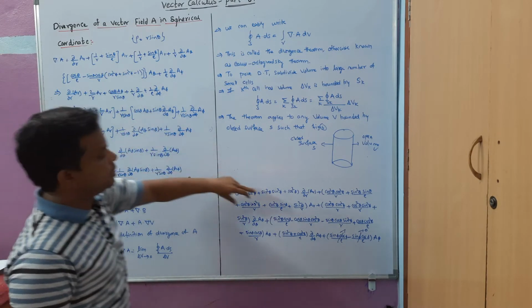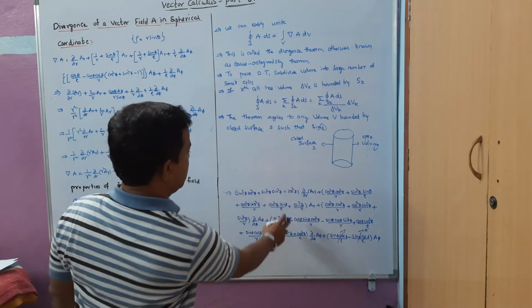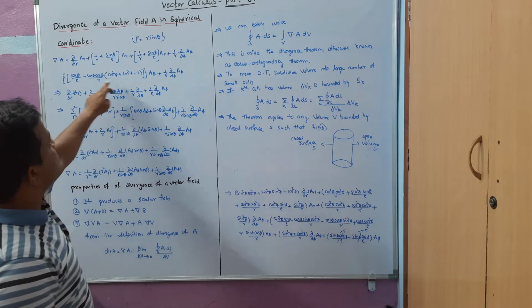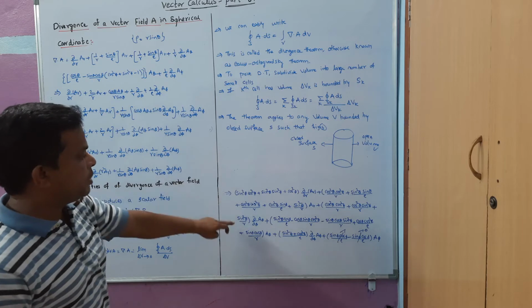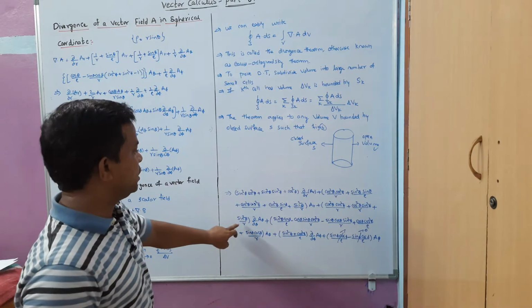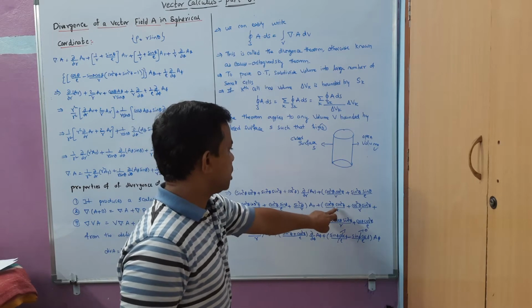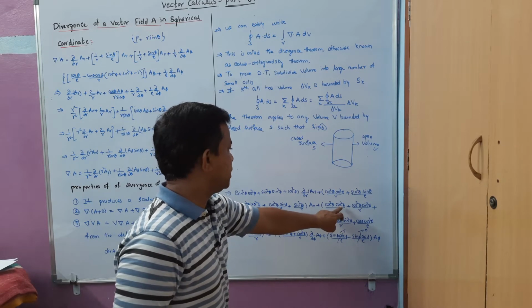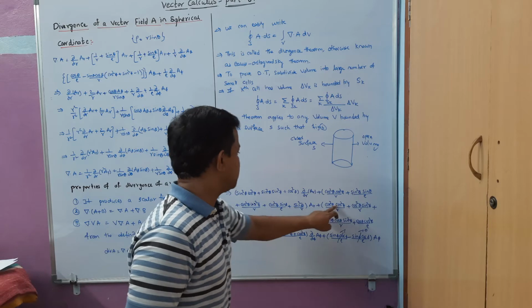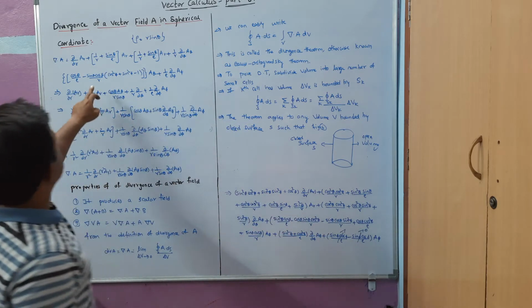So up to this, the AR part is over. Next I have the dou by dou theta term here. From this we are going to take 1 by r common, and in this we are going to take again cos square theta common. So in this one I get sin square theta, and sin square plus cos square phi is 1 here.